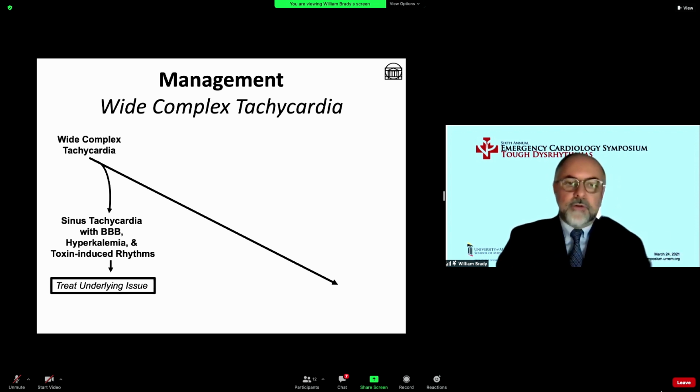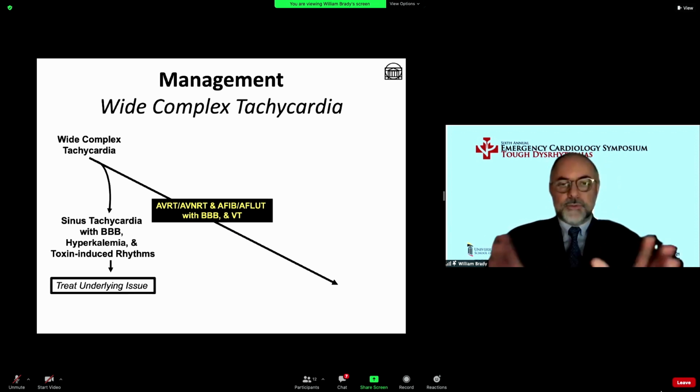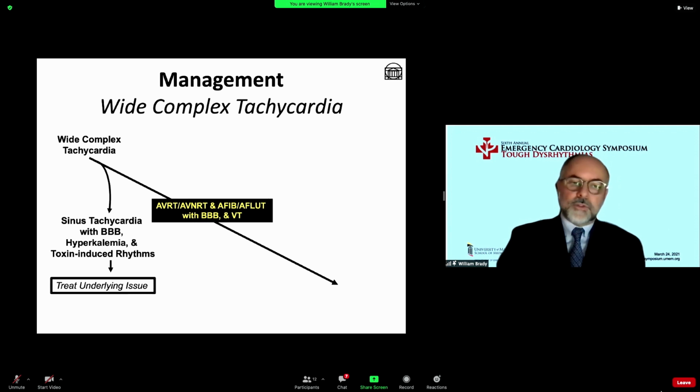Once we do that, the differential becomes much more focused and includes AVRT, which is the wide complex rhythm of WPW, AVNRT, which we tend to refer to as PSVT, certainly AFib and A-flutter with bundle branch block, and of course VT. That's what's left in the differential diagnosis once we exclude the sinus tach variants with widened QRS complex.